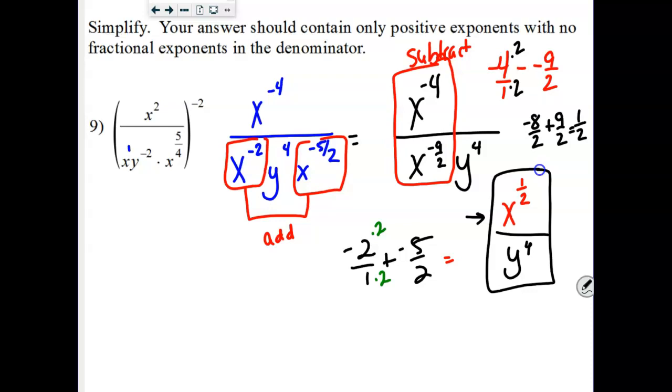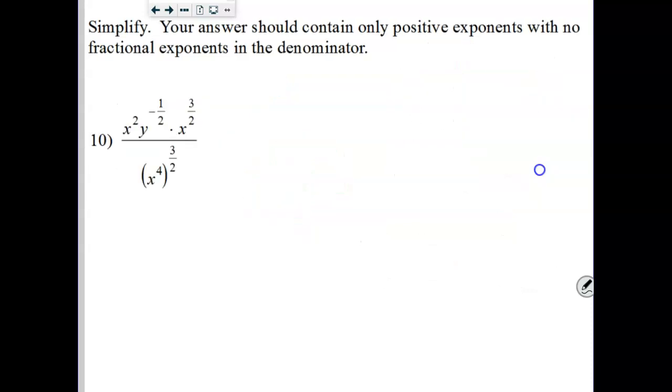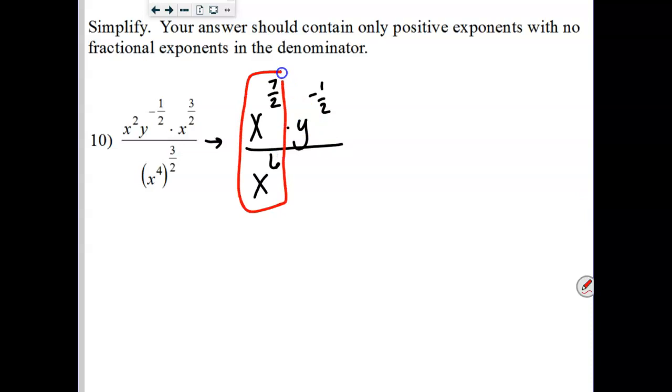All right, so for the sake of time, I'm just going to speed through simplifying this one with you guys, because I know you can add and subtract and multiply and do all sorts of things with exponents. Let's talk about adding these x's together. That would be x to the 7/2, y to the negative 1/2 over x to the 6. We would subtract these.